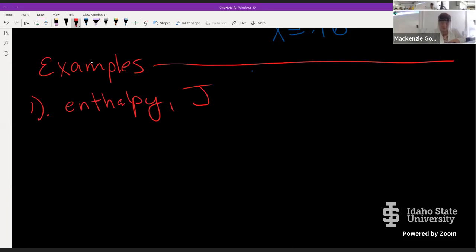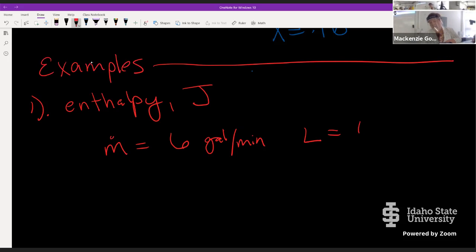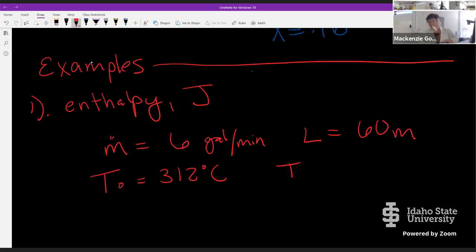The problem gives you a mass flow rate of 6 gallons per minute and a length of your pipe of 60 meters and a temperature initially of 312 degrees Celsius, and just for fun, a final temperature of 480 degrees Fahrenheit. Put all of these in the same system.